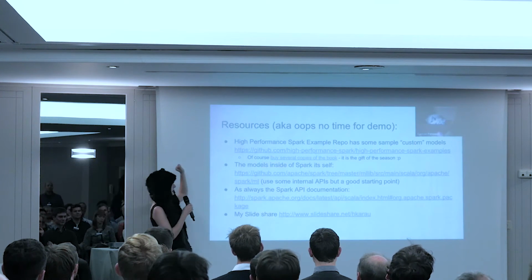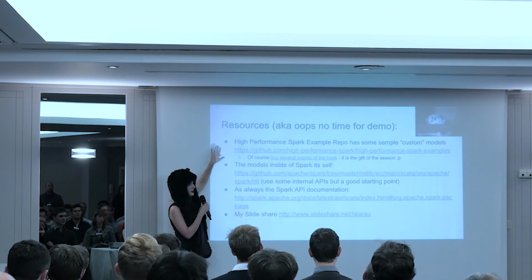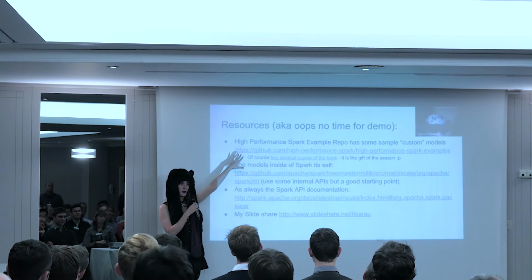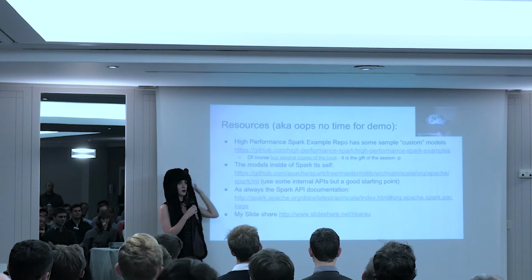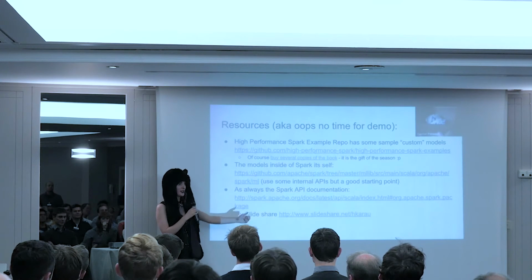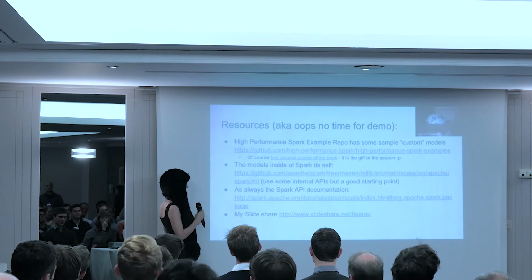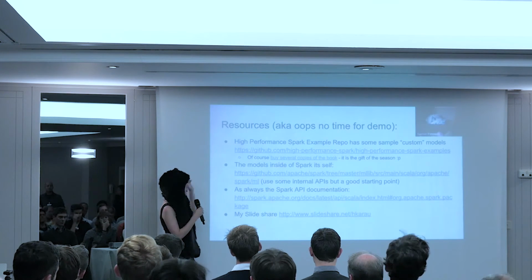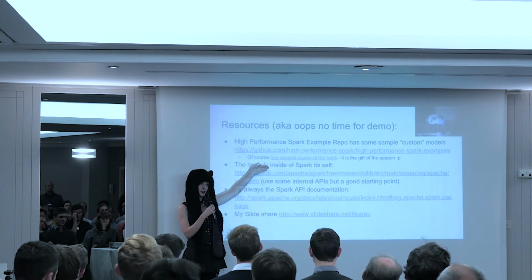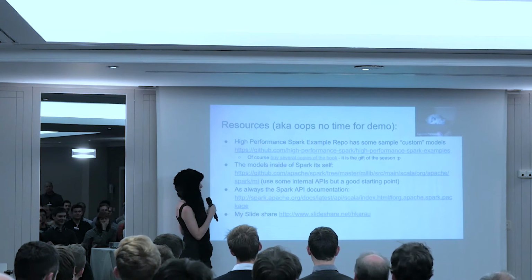So if you want to look at some really simple estimators, you can go here, and this repo has the code for both transformers and estimators, and you can start making your own cool machine learning stuff, and publish it on Maven Central, and then I can use it, and then it'll be awesome. Of course, you should buy several copies of the book associated with that repo, and I have no idea why I might say that.